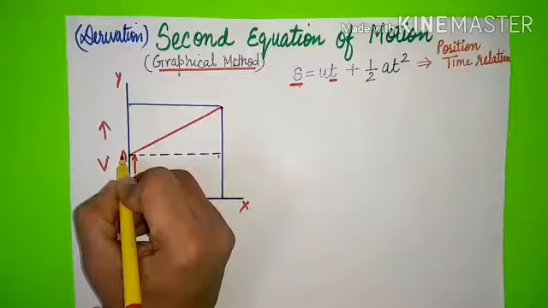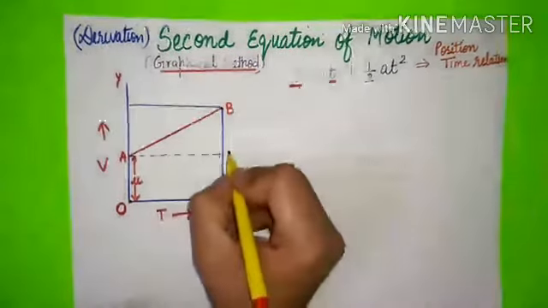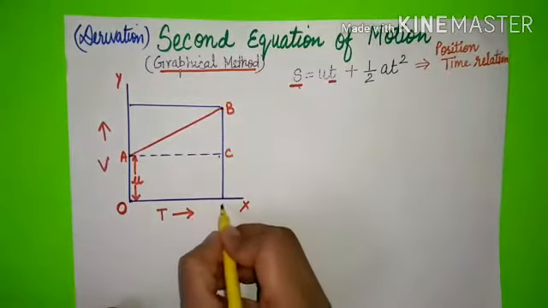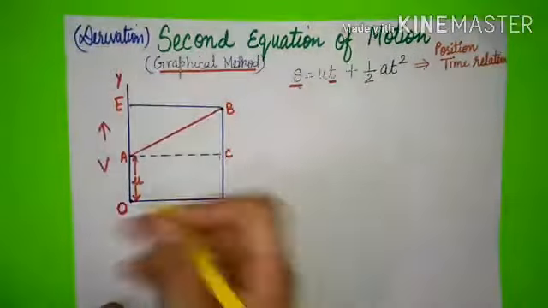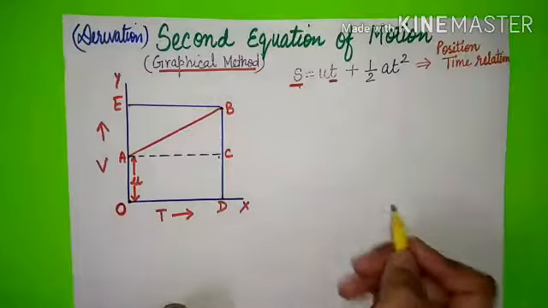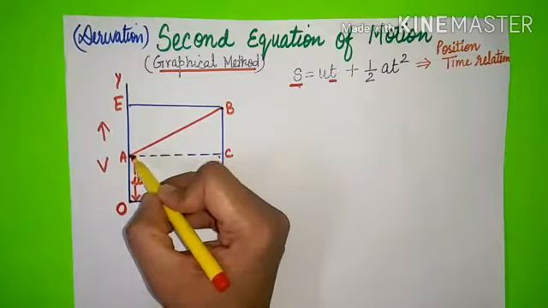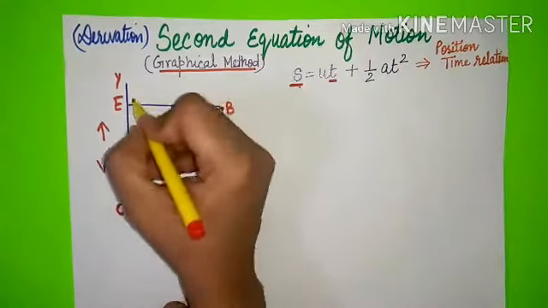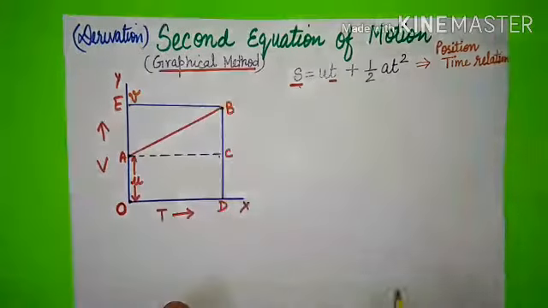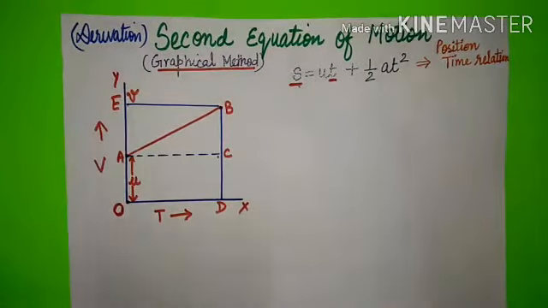This is the starting point A, this is the end point B. Let's take this C, and this is D and E. You can take any point. This is the starting point where the initial velocity is shown, and this is the end point where it shows the final velocity. So let's first explain this graph.